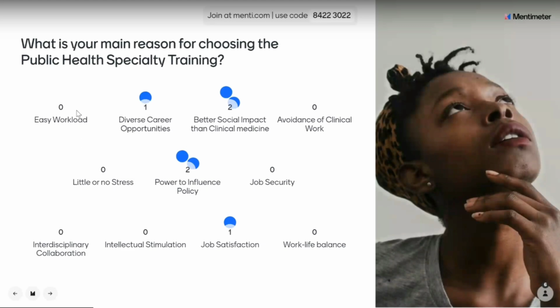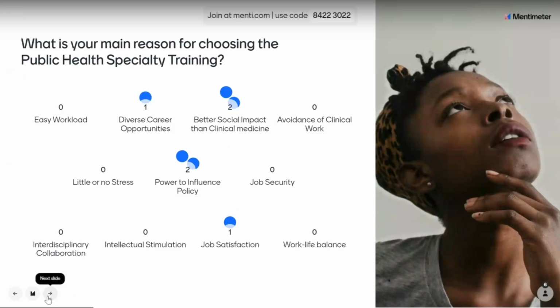If anybody is thinking easy workload or little or no stress, then I'll say you need to rethink, because it's a common thing. People say it a lot, especially people that are not into public health, but it doesn't significantly give you an easy workload compared to clinical medicine. It's a different type of busy, it's a different type of stress. But if that's the reason, then you might need to rethink your choices.